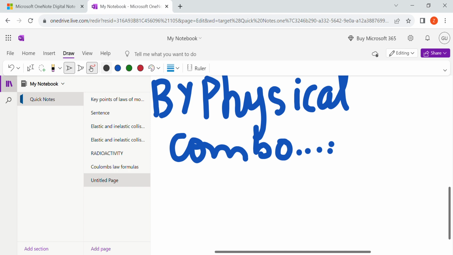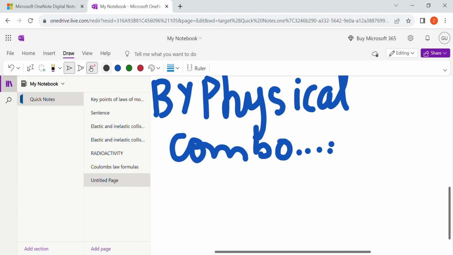Physical combination, basically, if we talk about the physical properties of an atom, they are its melting point, its boiling point. Physical properties mean its structure, how it physically exists.